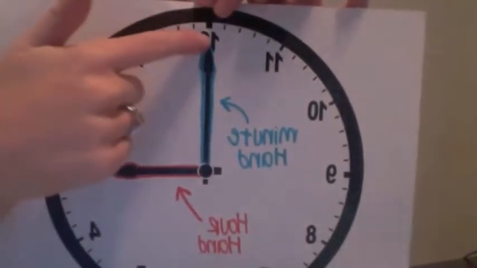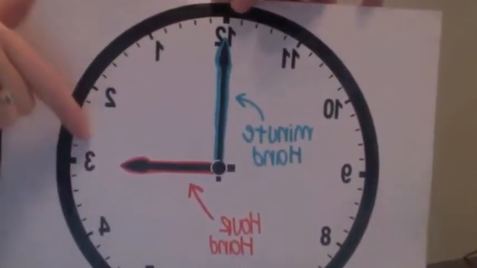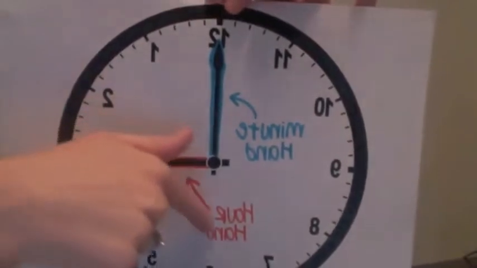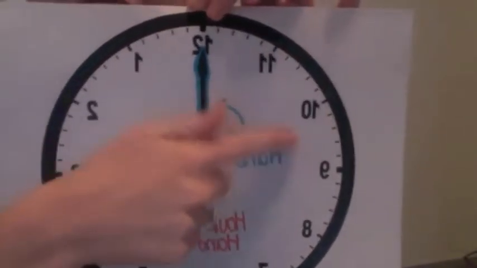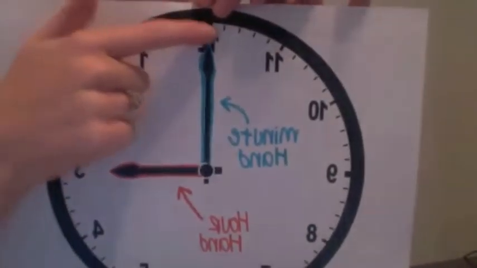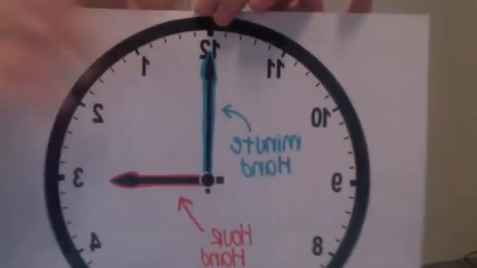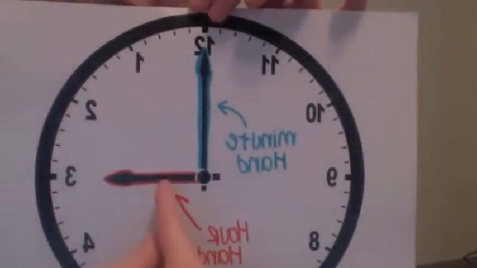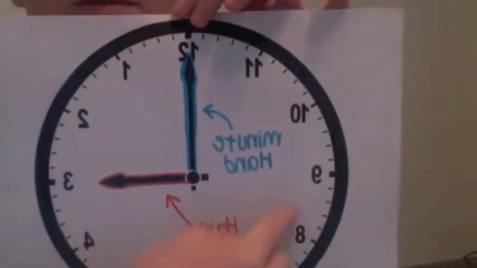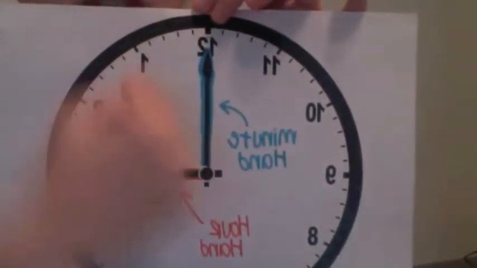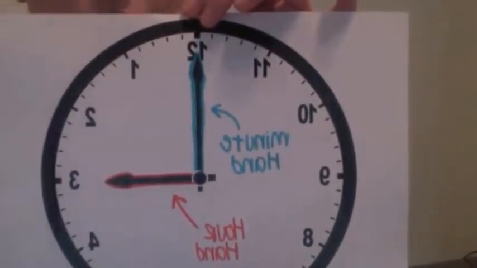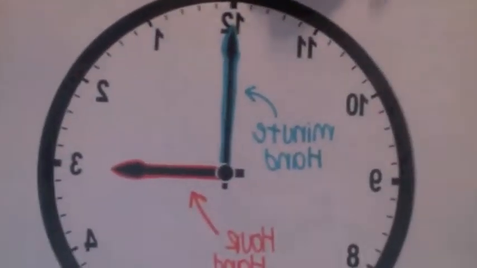And these big numbers right here, this 1, 2, 3, 4, 5, 6, 7, 8, 9, 10, 11, and 12, those are the hours in the day. And this small hand is going to hit every one of these numbers twice to get the 24 hours in the 1 day.